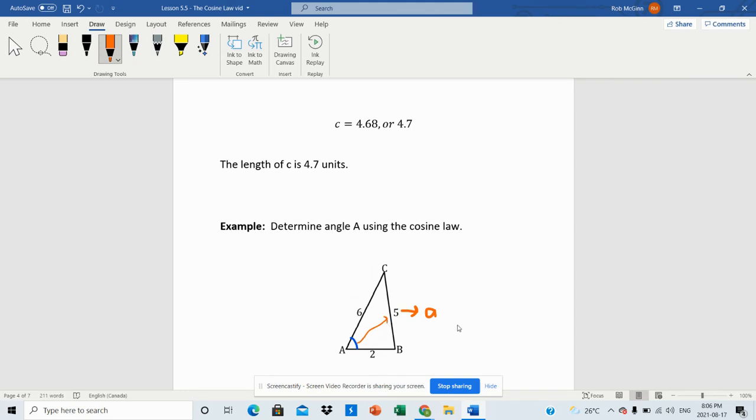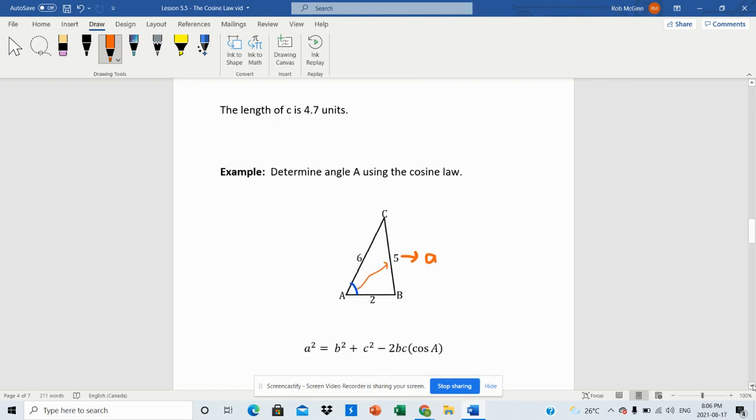And so we're going to use the version of the cosine law that starts with a squared equals, because then it'll use cosine of angle A. We want to make very, very certain that we're doing that. So a squared is going to be equal to b squared plus c squared minus 2bc times cos A.